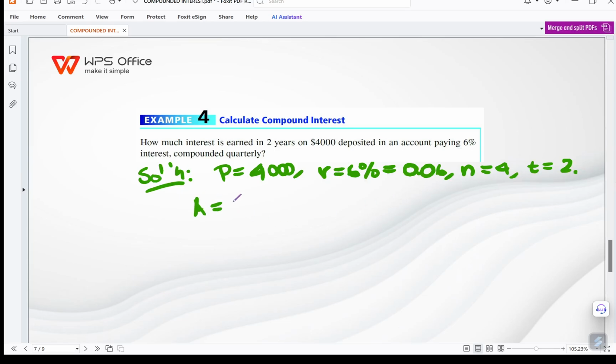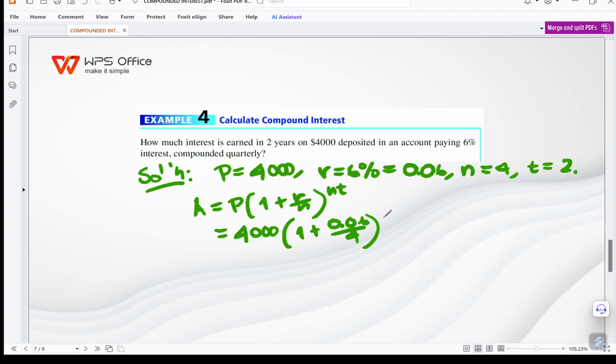So according again to the formula, that is P times 1 plus R over N, raised to N times T. So you will get 4,000 times 1 plus R, which is 0.06, divided by 4, and 4 times 2.